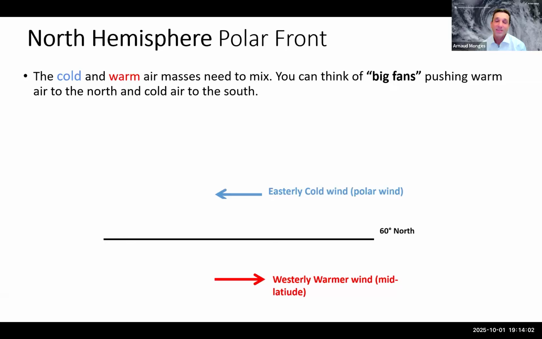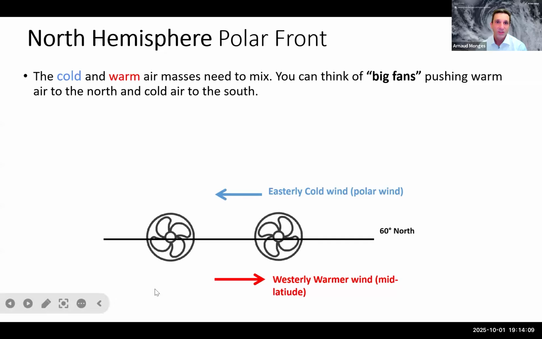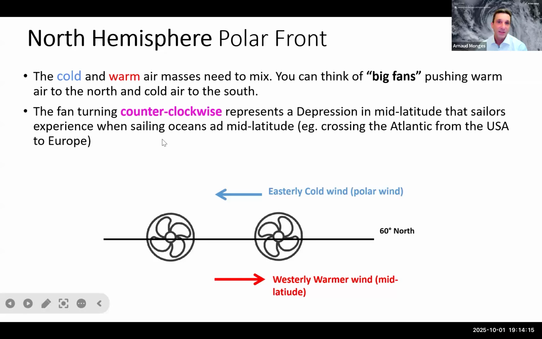And in order to mix, you can think about a big fan pushing cold air from the north to the south, and the warm air from the south to the north. And this fan is like a big low pressure system. It turns counterclockwise in the northern hemisphere.